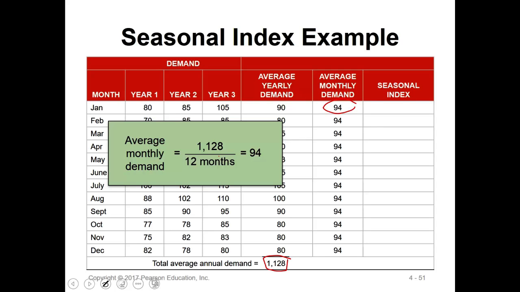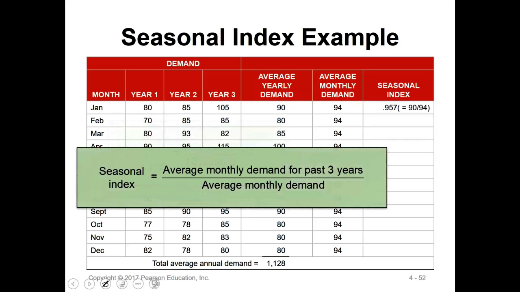And then the seasonal index is the average seasonal or monthly demand divided by the overall average demand. So this is what we call the index. For January, the index should be the historical data of January in the past 3 years divided by the overall monthly demand.